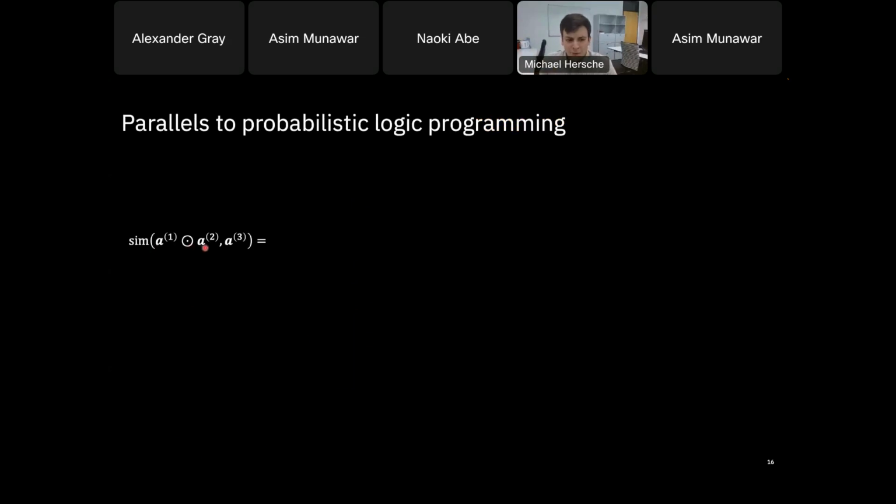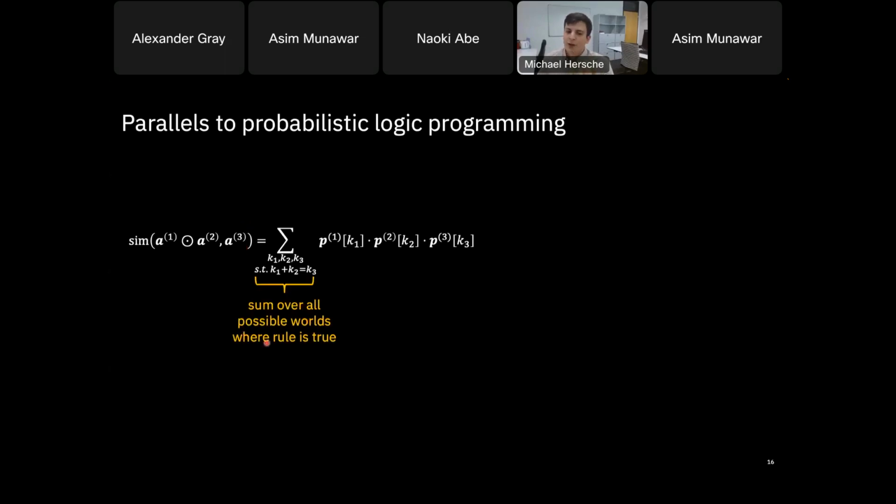So we bind the first two panels and we compare it to the third panel. And after doing some simplifications, what we come up with is that we sum over all the possible worlds where the arithmetic plus rule is true.